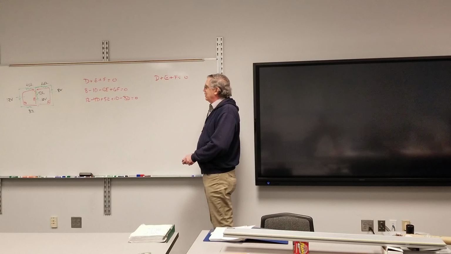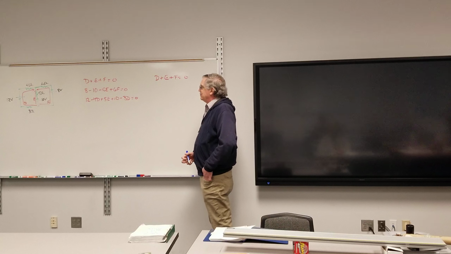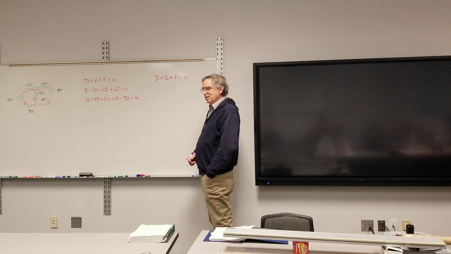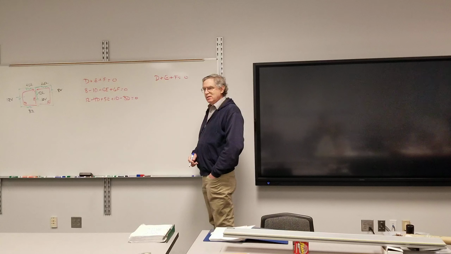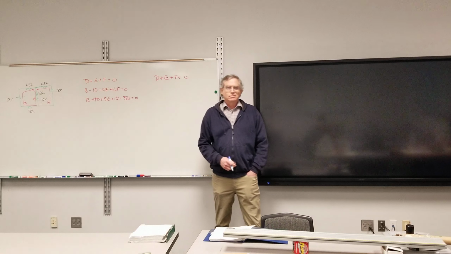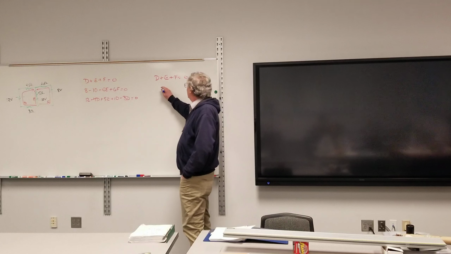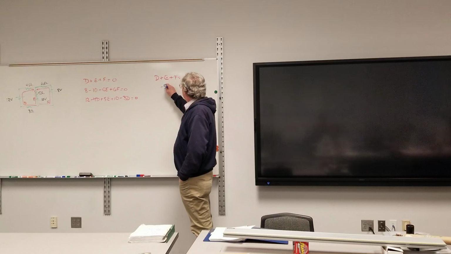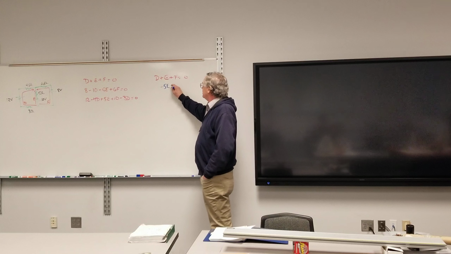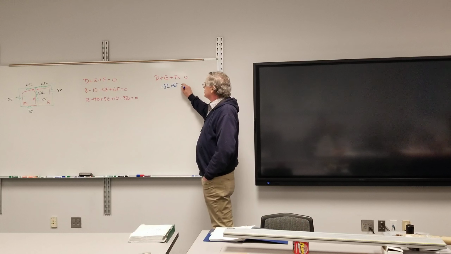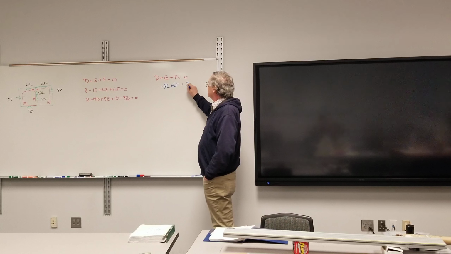Okay. So we'd have, I don't have a D in there, do we? No, so. We'd have, negative 5e plus 6f equals 2. All right.